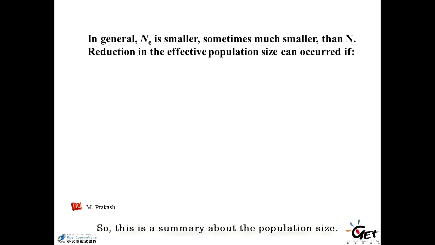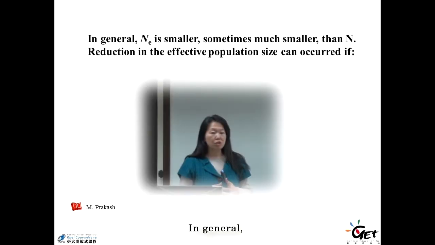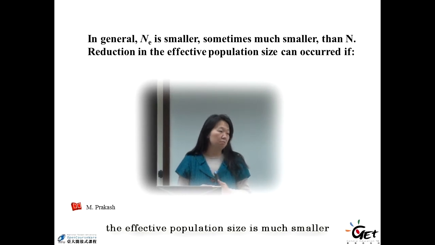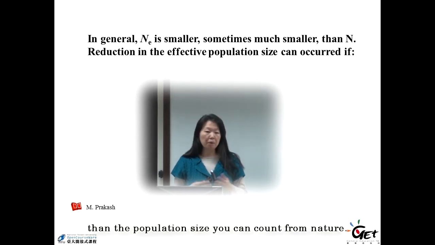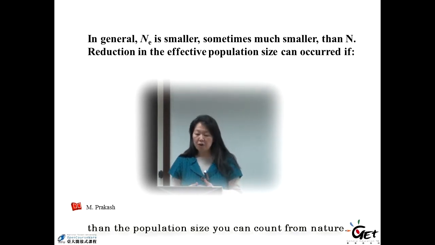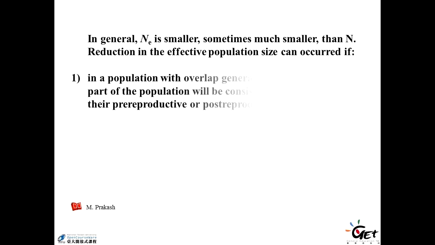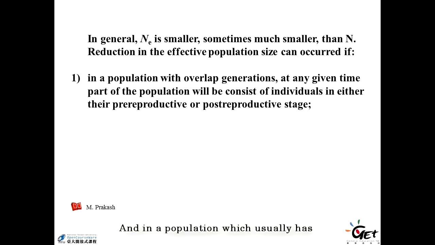So this is a summary about the population size. In general, the effective population size is much smaller than the population size you can count in nature. In a population which usually has overlapping generations, it's very hard to calculate the effective population size.